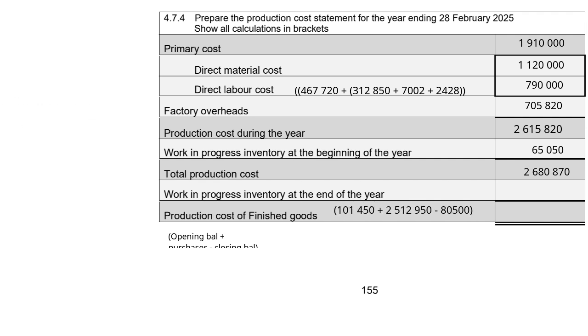And if we do all of that, then we get an answer of 2,533,900 Rand as our production cost of finished goods. So our work in progress inventory is our balancing figure. We work backwards. So we say 2,533,900 and we minus our total production cost of 2,680,870. You then get a balancing figure of 146,970.